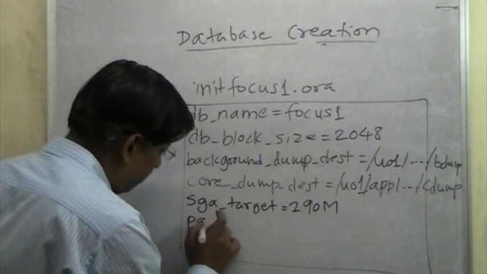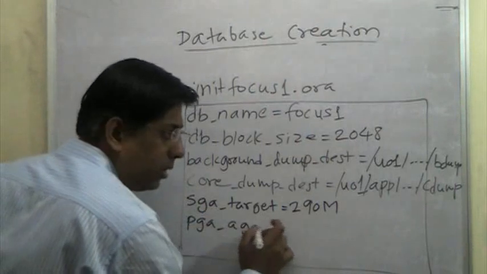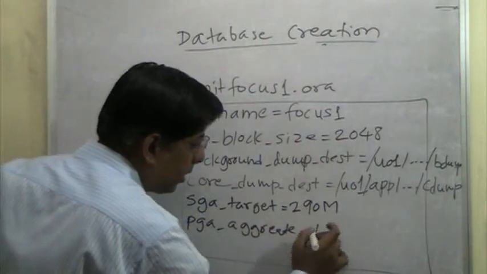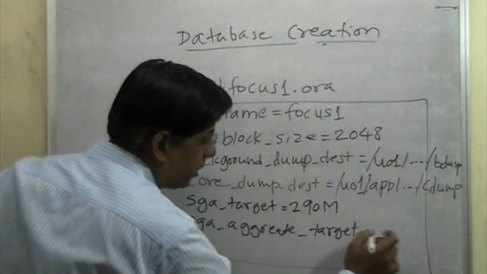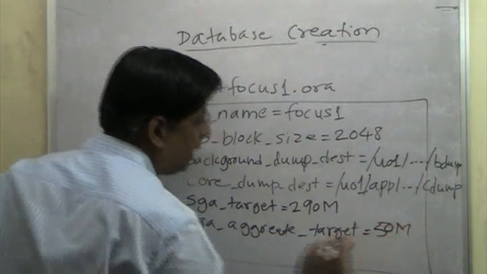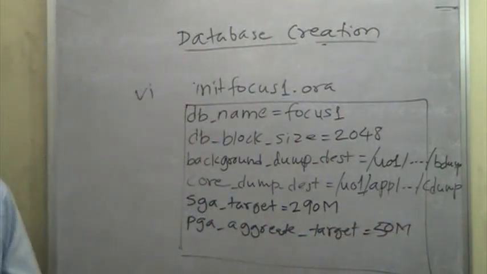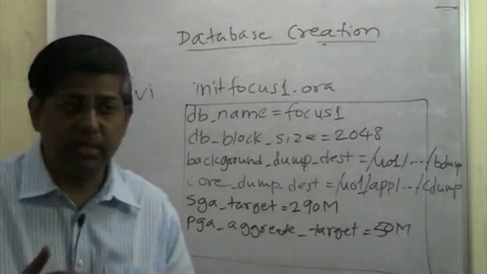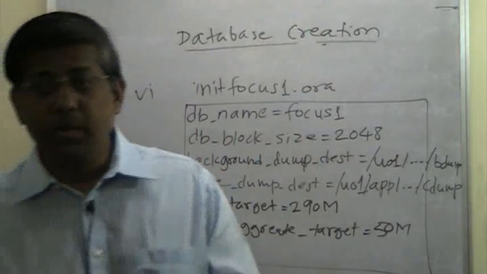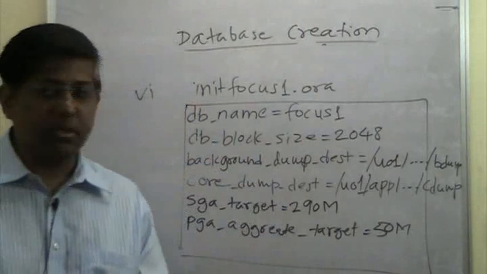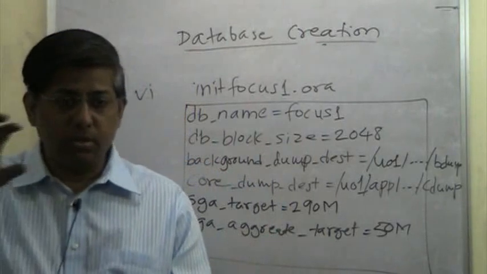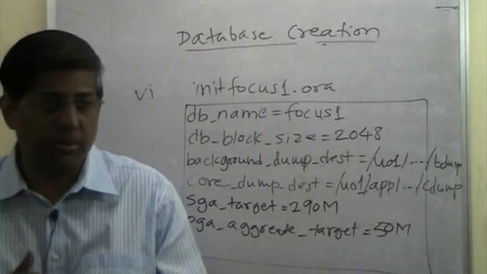Then PGA aggregate target. I'm going to say PGA aggregate target is only 50 megabytes. What is the meaning of PGA aggregate target of 50 megabytes? It means if I have 10 users connected to my database, for each of those 10 users there will be a dedicated server process running.